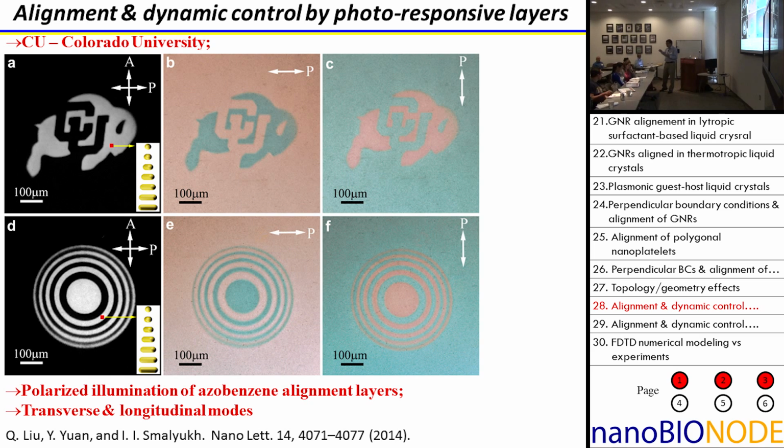You do not need to nanofabricate those kind of complicated patterns of orientation of nanoparticles. You can control them with liquid crystal, right?